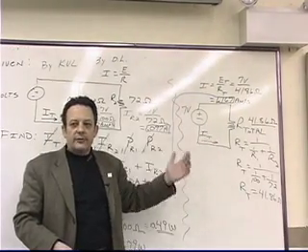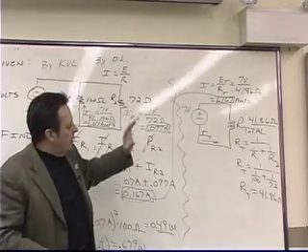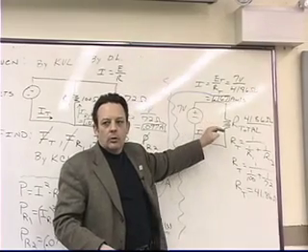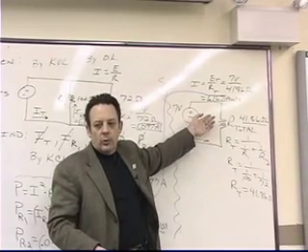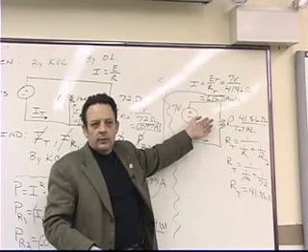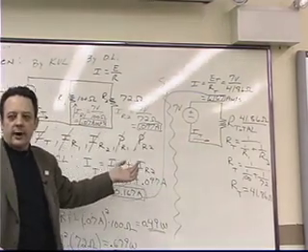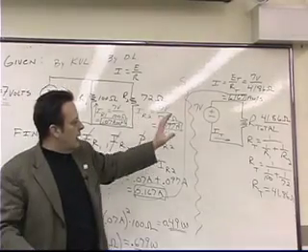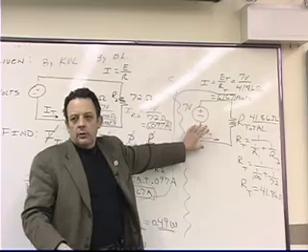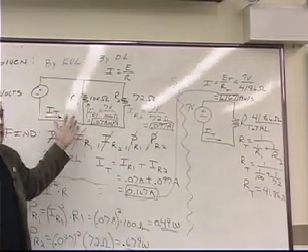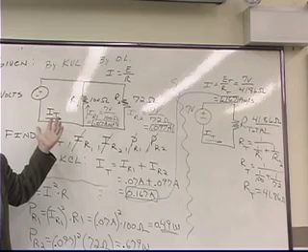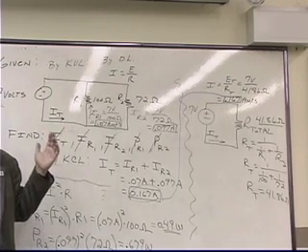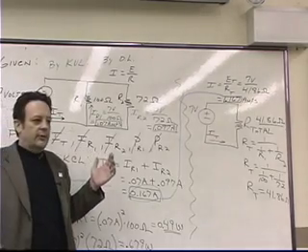Now if you ask the question, but wait a minute, if I did it this way, I've redrawn the circuit and found the total current flowing to my total equivalent resistance, then how do I find all the other stuff that you asked for? Well, the key is that whenever you draw an equivalent circuit, you leave the circuit that you started with alone. You don't erase it, because if you erase it, then you can't go back and use it. That's one of the tricks in analyzing these circuits.